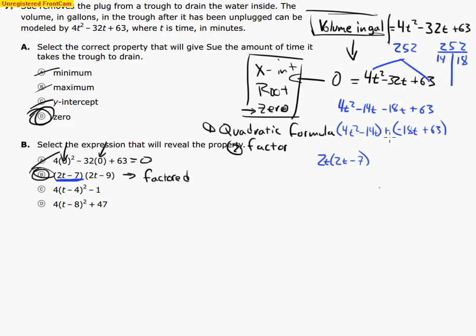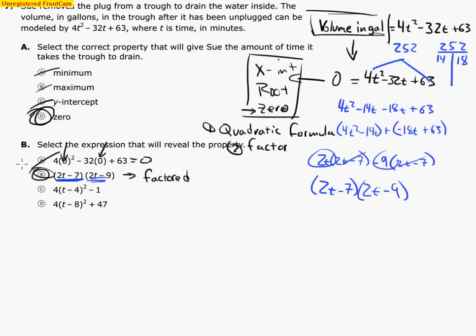We are. Out of here, I'm going to take a negative 9. And again, I'm going to get my 2t minus 7. Of course, I take this, write it once, so I have 2t minus 7. And then I cross those, and I have my leftover, which is 2t minus 9. And again, you see my second factor.